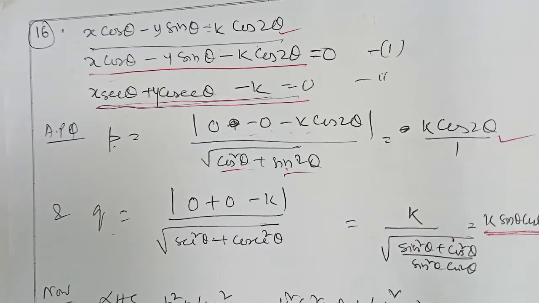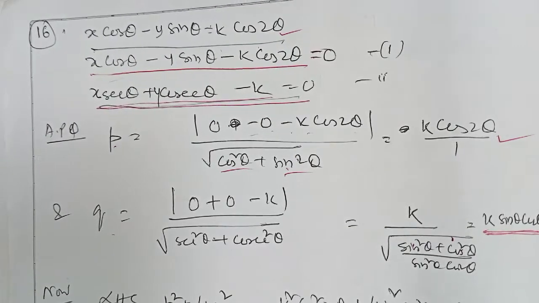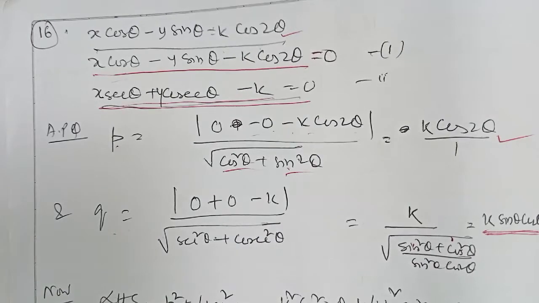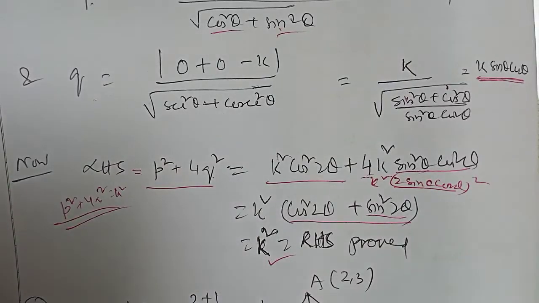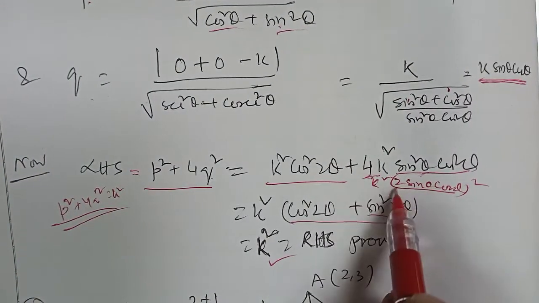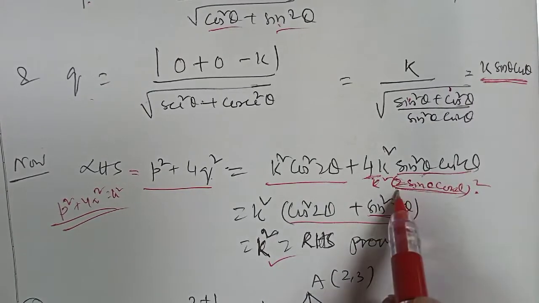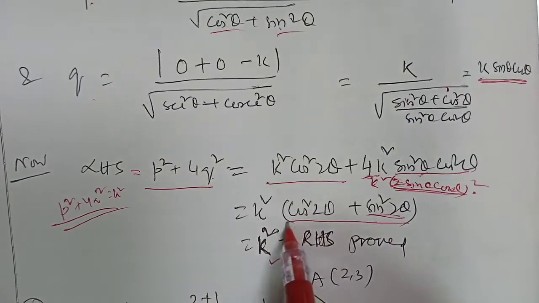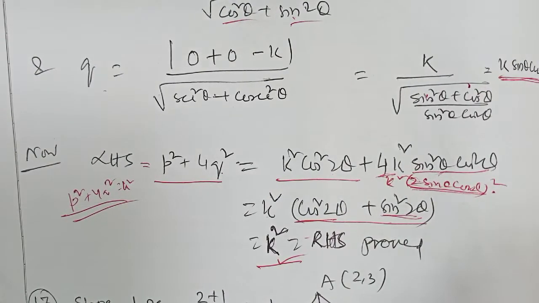Now it can be written as (2 sin θ cos θ)² k², so this will be sin² 2θ. Sorry, this is not visible. This can be written as (2 sin θ cos θ)², that is sin² 2θ. k² common, then sin² + cos² is 1, then we get the proof.